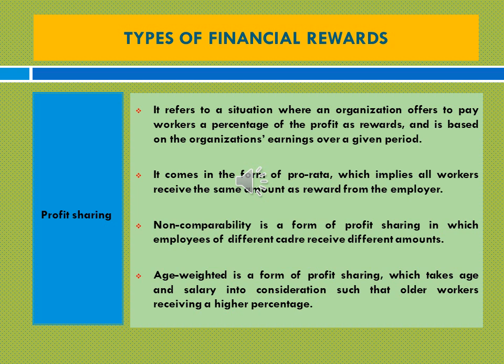The other one is non-comparability, in which workers receive different amounts based on the position they hold and the responsibilities assigned to them in the organization. Then the other one is called age-weighted, whereby older workers receive higher rewards compared to the younger ones.